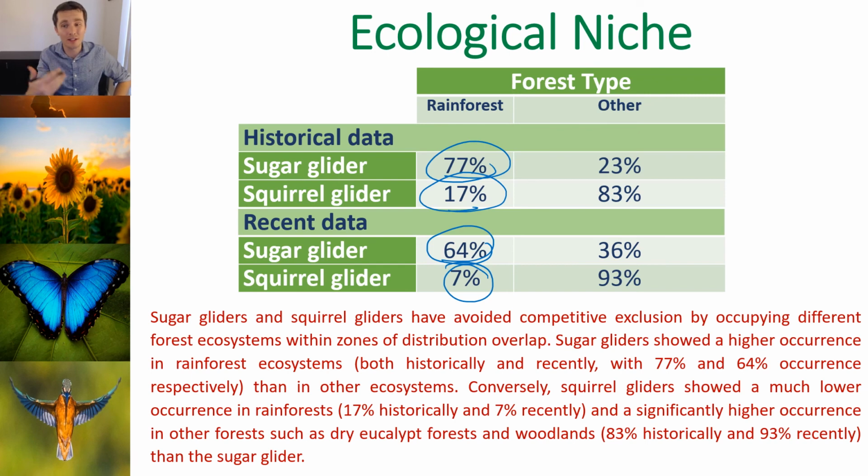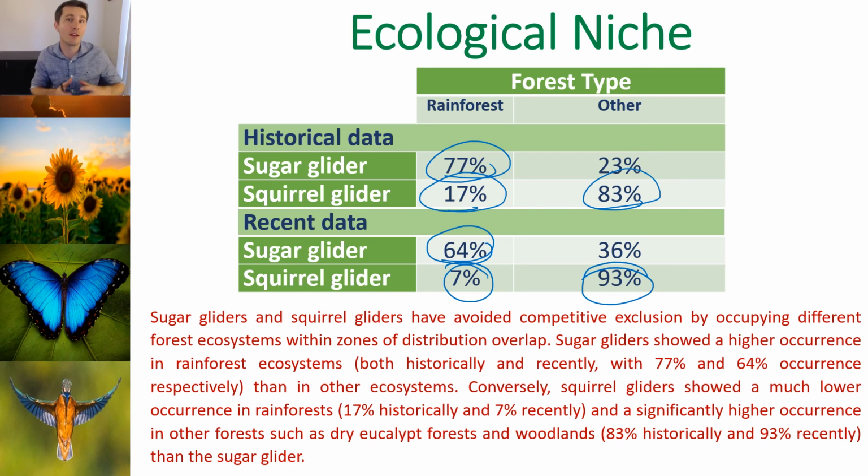So sugar gliders have clearly showed that higher occurrence in rainforest ecosystems, both historically and recently, compared to other ecosystems, where the squirrel glider, 83% of the time it's in other ecosystems, and 93% of the time it's in other, I shouldn't say ecosystems, or forest type, other forest types there. So conversely, the squirrel gliders showed a much lower occurrence in rainforests and significantly higher in other forest types, which may be dry eucalypt forests and woodlands compared.